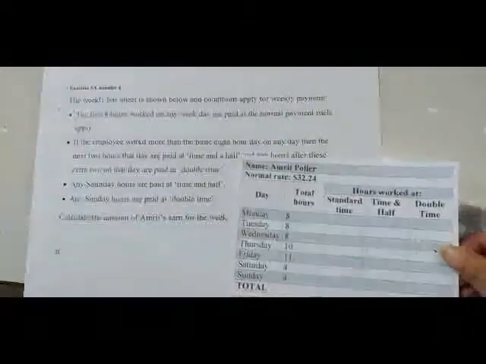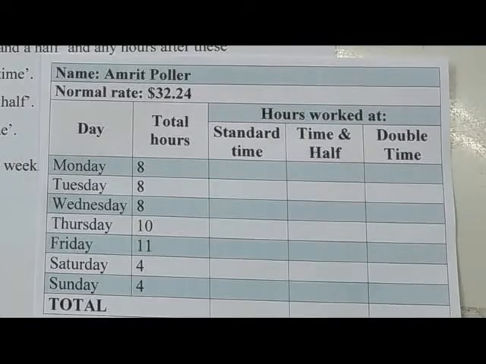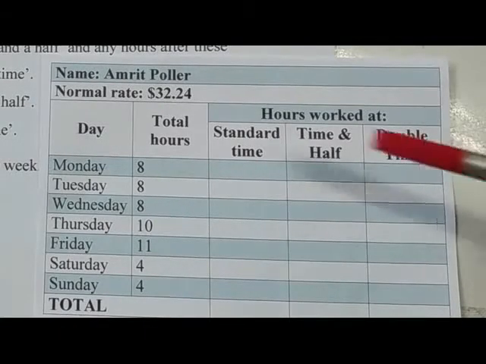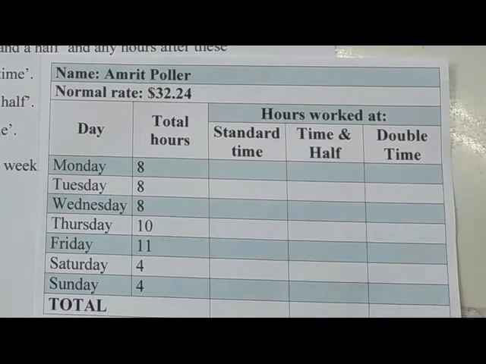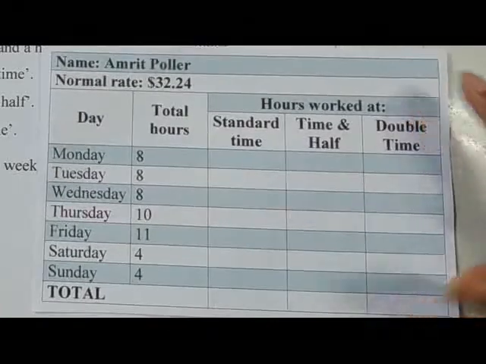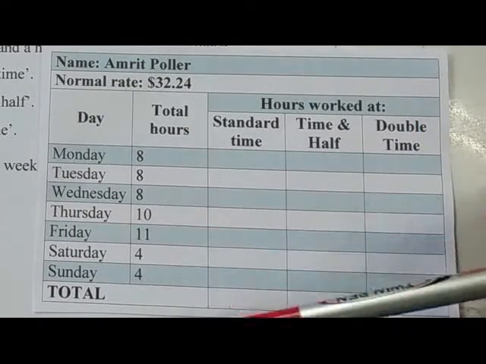This is the sheet for weekly payment of rate. So for Monday, he worked 8 hours, Tuesday and also Wednesday. For Thursday, he worked 10 hours, on Friday 11 hours, Saturday and Sunday 4 hours.